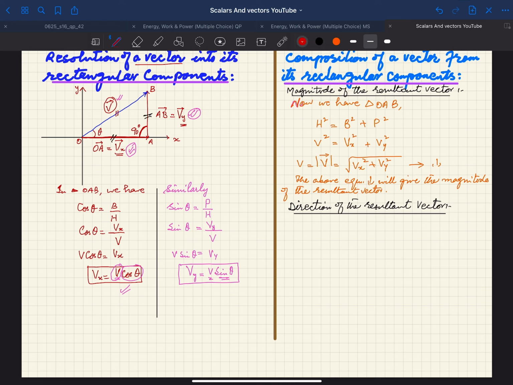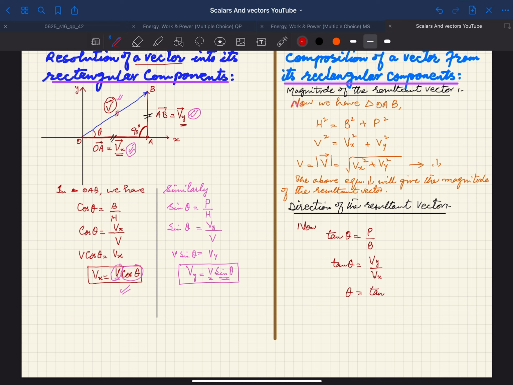So what we can do, simply we can say that now for the direction we have another trigonometric ratio, tangent theta, which is nothing but perpendicular over base. So this time you have value of Vy, you have value of Vx, and by using this simple formula of tangent theta is equal to Vy over Vx, you can find the angle.